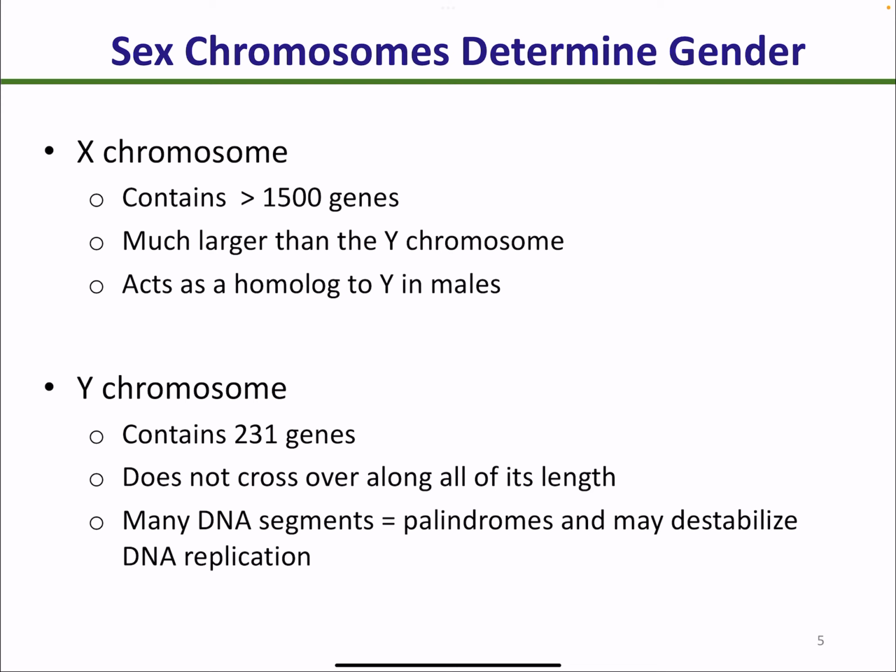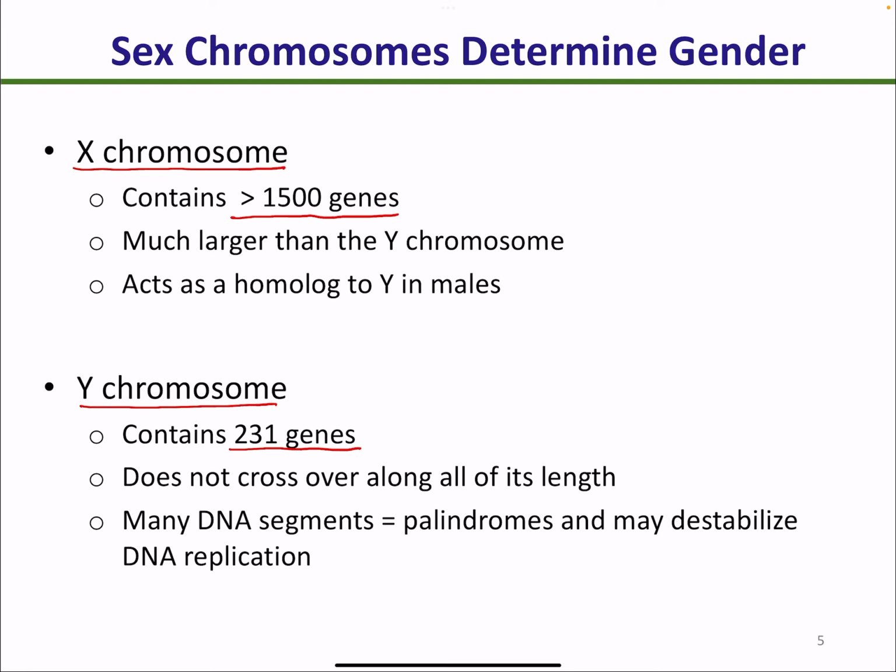So, sex chromosomes determine the gender. We have two types of sex chromosomes. We have the X chromosome and the Y chromosome. These two chromosomes are very different. How so? The X chromosome contains over 1,500 genes, while the Y chromosome contains only 231 genes.